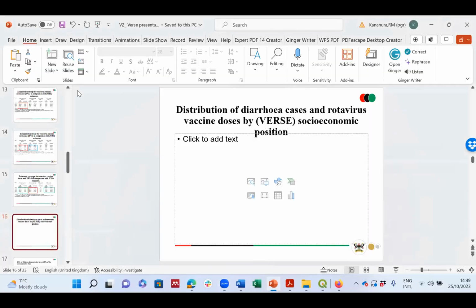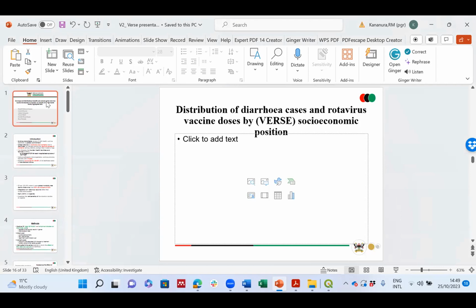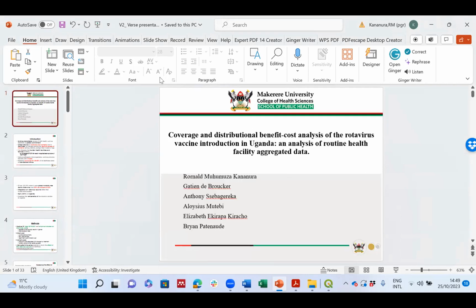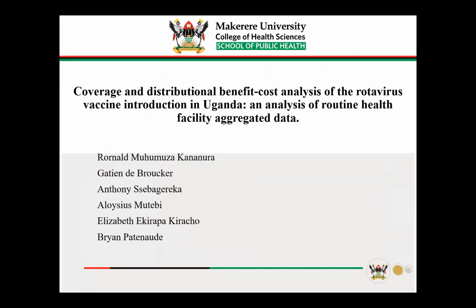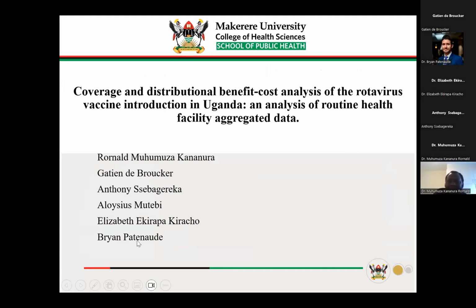This is work that we did under the VERSE project here in Uganda, and it focused mainly on how the methodology can be used to predict return on investment and use of the rotavirus vaccination. So welcome, and over to you, Dr. Ronald.